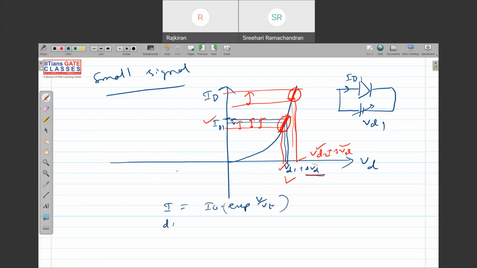I want to know dI by dV, which is equal to I0 into exponential of VD by VT, divided by VT. Clear? What is this I0 exponential of VD by VT? It is nothing but your I only. So dI by dV is I by VT.